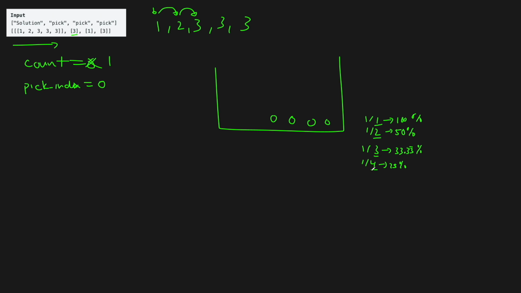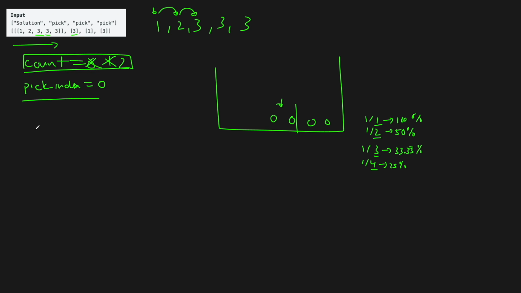Well, what you notice is that every time we see the value, we actually increase the count here. So when we see the second one, it becomes 2. So now when we have 2 of them, each individual one has a 1 out of 2 chance of being picked. So what we can do is update our pick index depending on whether or not it equals the count.